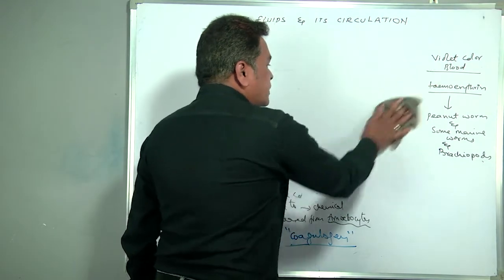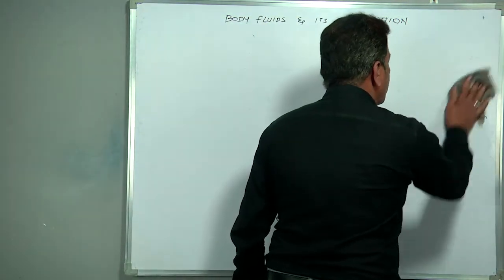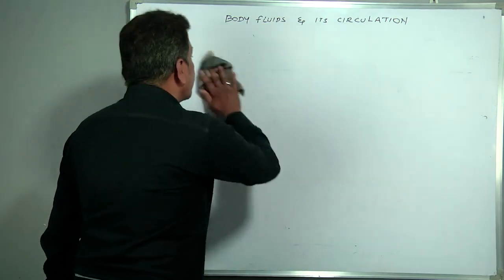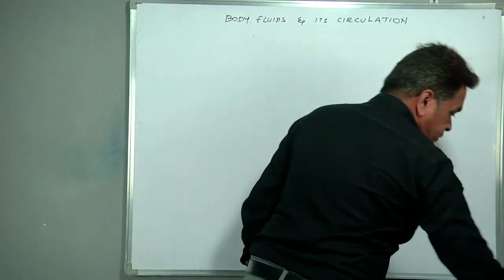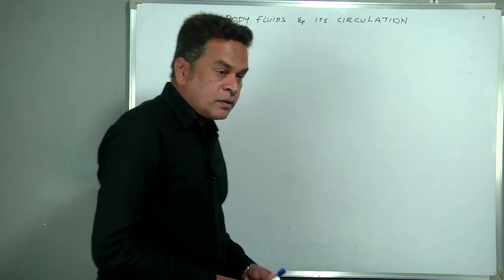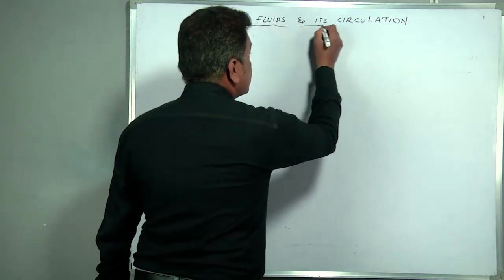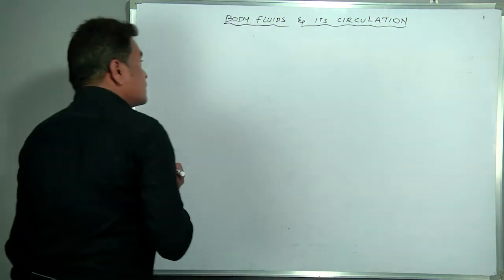Body fluids means, in what way do you say body fluid? Body fluids are the fluids that circulate in the circulatory system. That's what we understood, no? But in real sense, it is not only that. Here I can categorize the body fluids in this way.